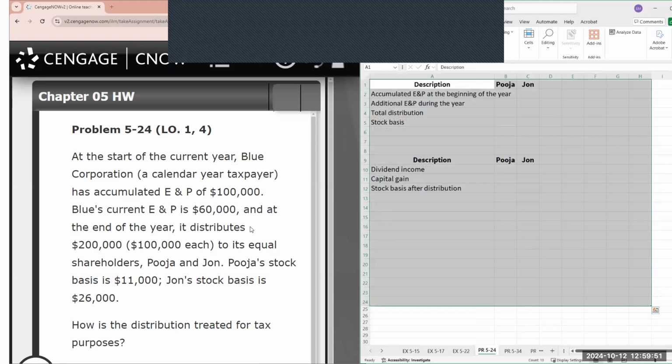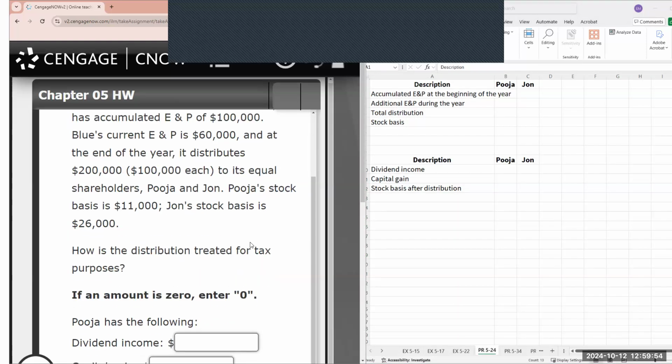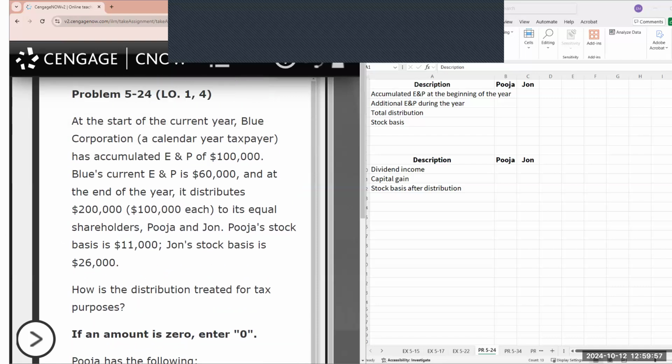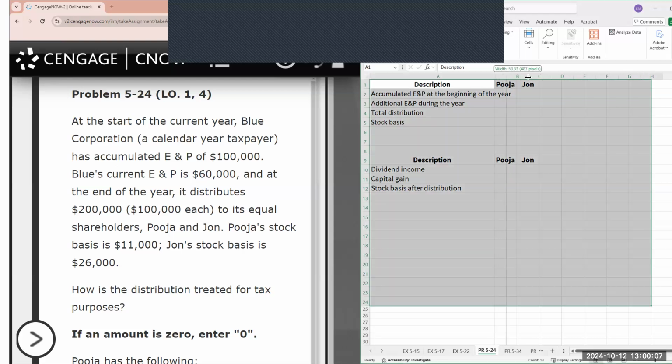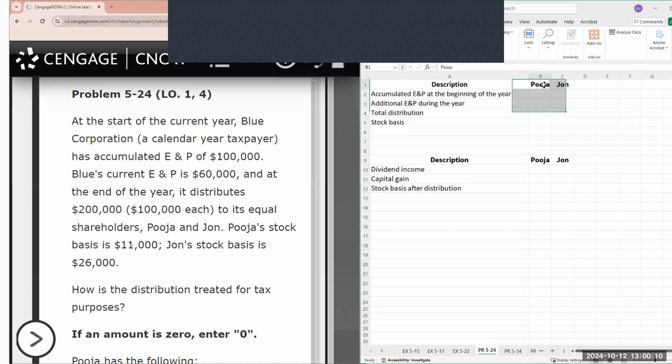This brings us to our next question. And it states, how is the distribution treated for tax purposes? It states, at the start of the current year, Blue Corporation, a calendar year taxpayer, has accumulated E&P of $100,000, and the current E&P is $60,000.